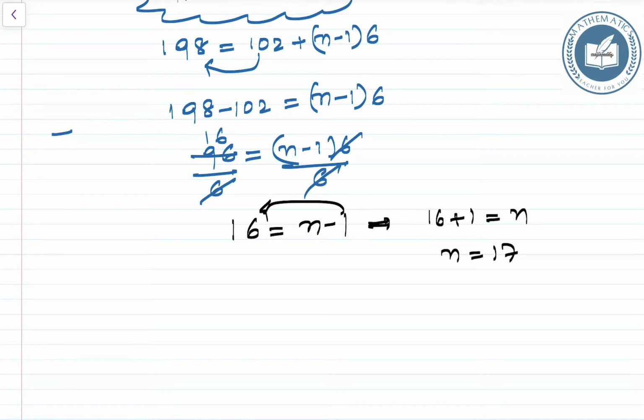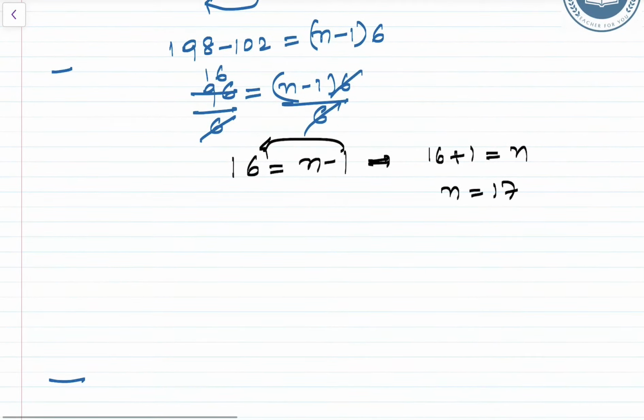So how many multiples are there? Here 17 multiples of 6 are there, which means 17 numbers that are divisible by 2 and 3. Now you have to find the sum of all the multiples.